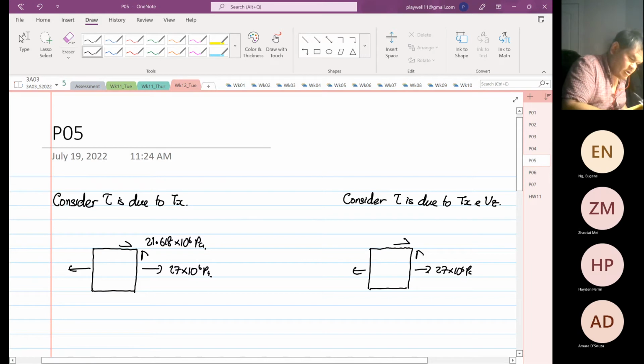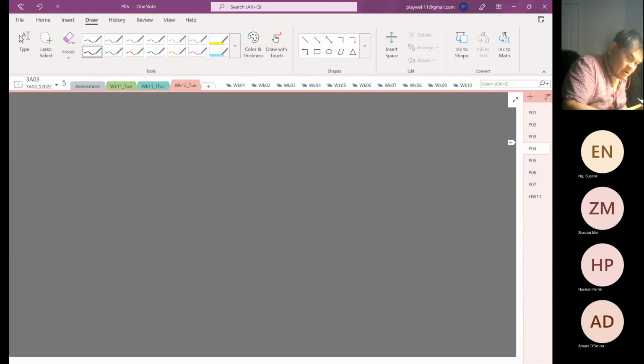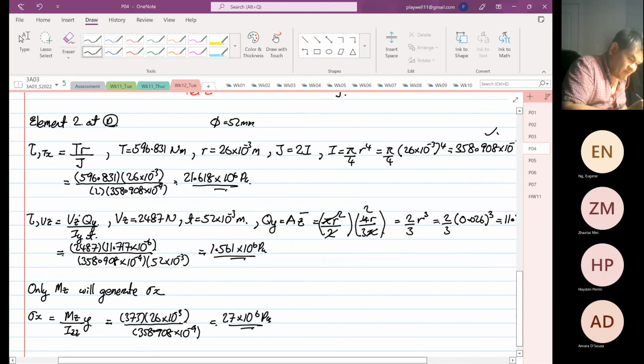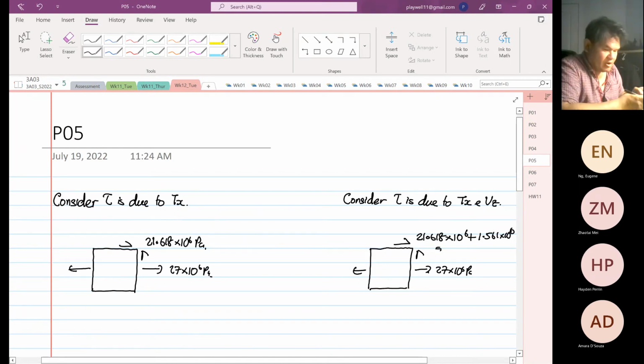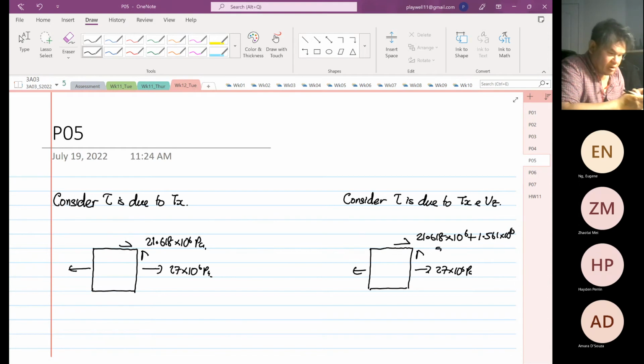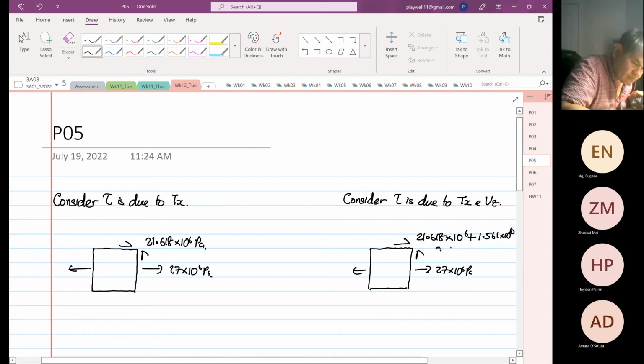Now the torque shear is equal to 21.618 times 10 to the power 6 plus 1.561 times 10 to the power 6, which is equal to 23.179 times 10 to the power 6 Pascal.